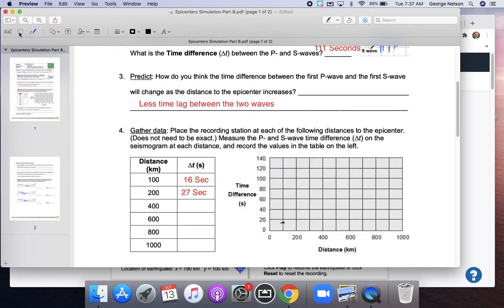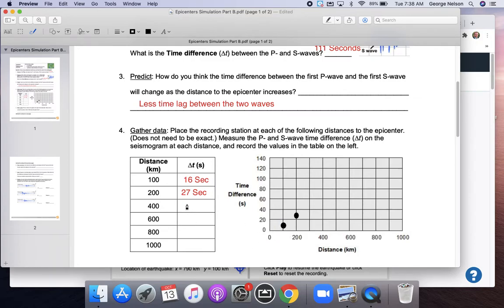If I can drop points, maybe I'll just do this. Make it really small. And then, yeah, I'd say it's about 27. And then same thing here. If you notice, I'm just plotting points here. Then, I think 16 was like right here.